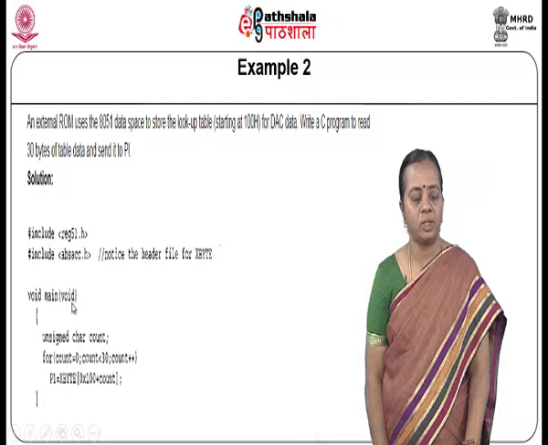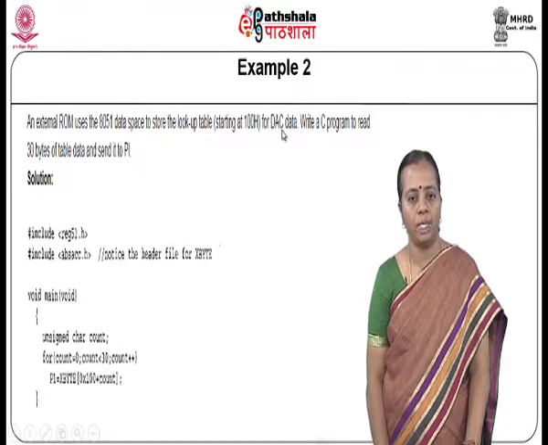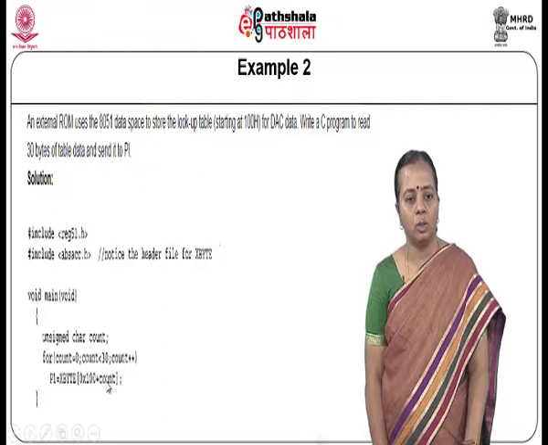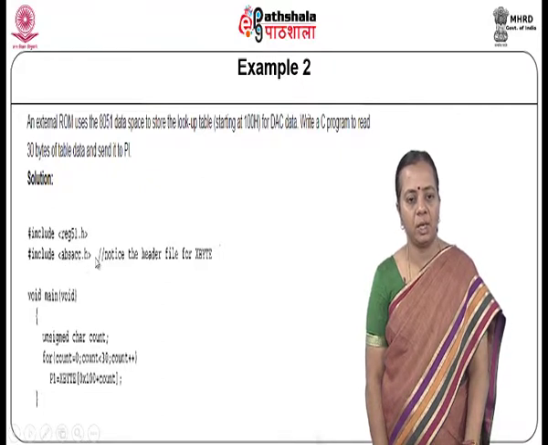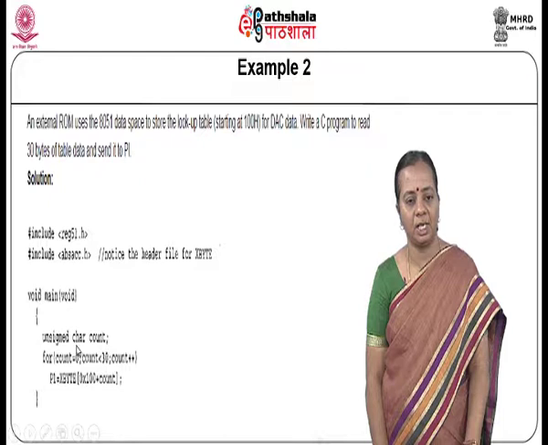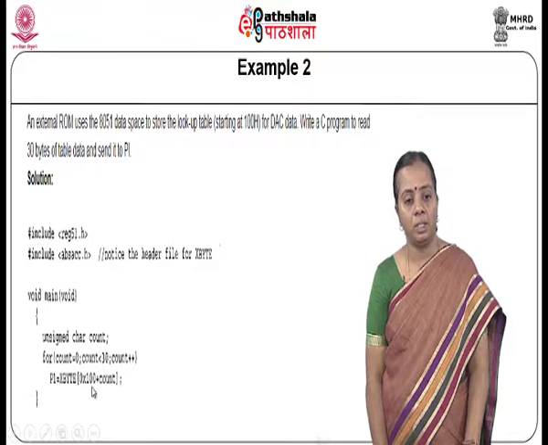Now, the external RAM uses 8051 data space to store the lookup table for the DAC data. Write a C code to send 30 bytes of table data to P1. You need to include absacc.h as the header file. Now, you see that count is declared as a character variable because it is within 255. Count ranges from 0 to 30, count plus plus, and XBYTE of 0x100 plus count.